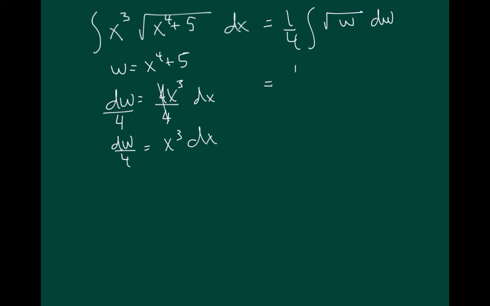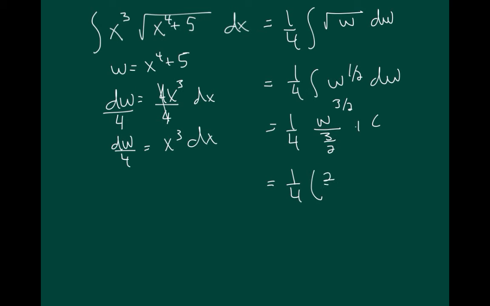Of course, I have an easier time integrating that if that's w to the 1/2. And so I can integrate 1/4 w to the 3/2 divided by 3/2 plus c, which is going to be 1/4 times 2/3 w to the 3/2 plus c, which is 1/6 w to the 3/2.